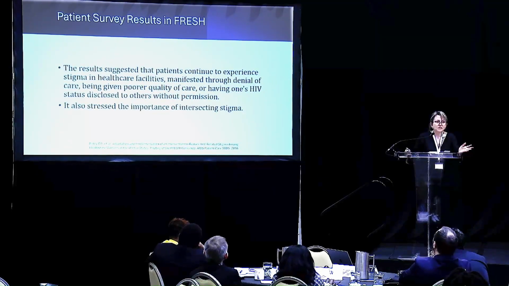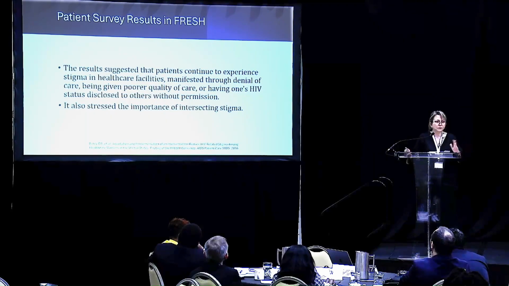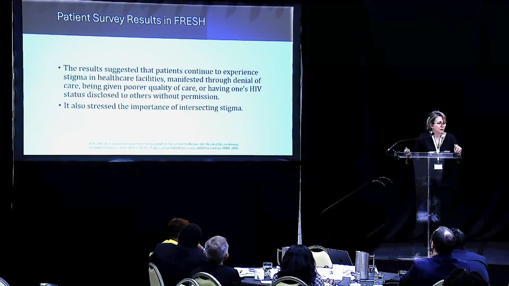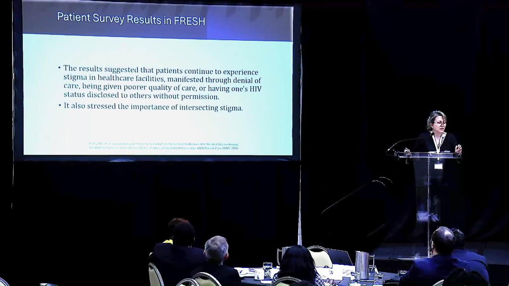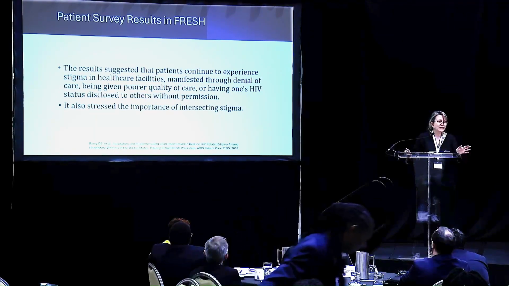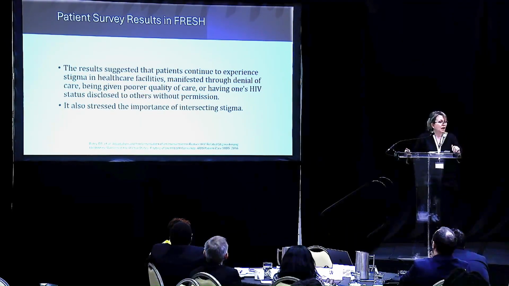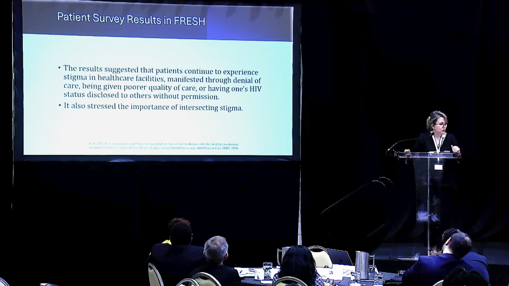You're not going to be surprised by these results either. I think the issue we have is very global, and patients continue to experience stigma in healthcare facilities, as bad as denial of care, poor quality of care, or their status being disclosed.